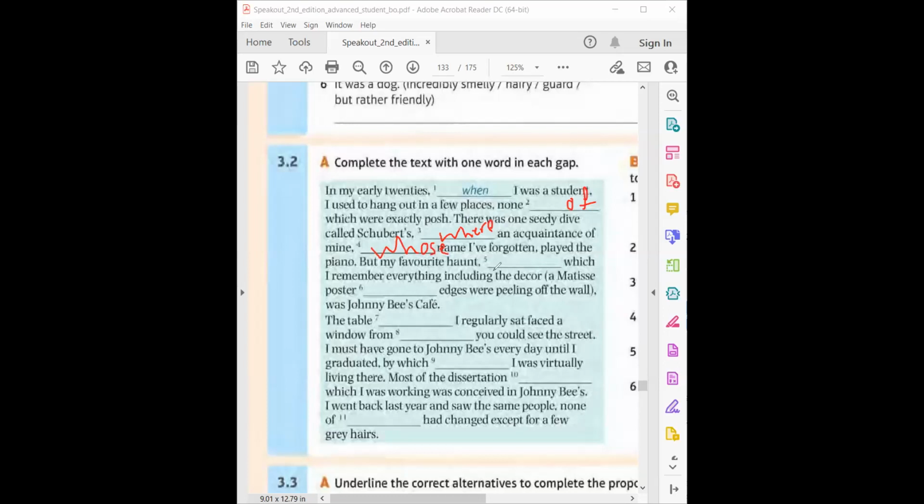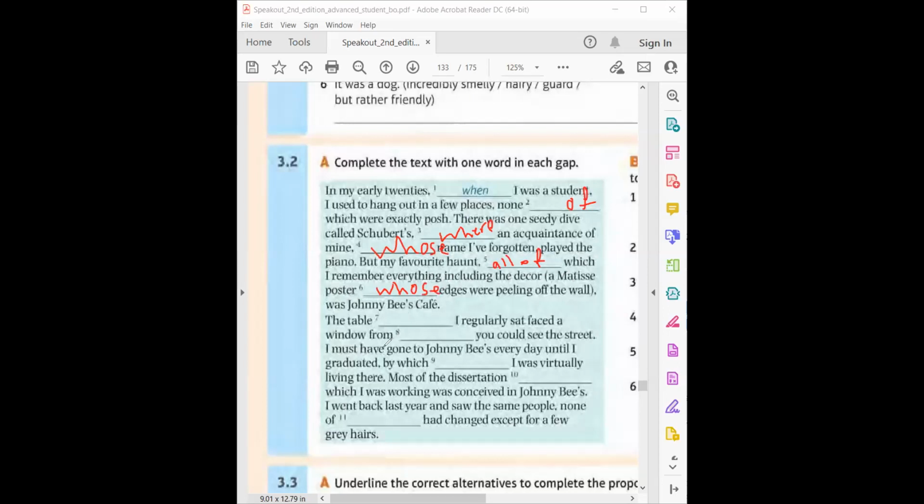And number 6, which I remember, where. And then all of which, everything I remember, including the doctor poster. What was it then? And where? I'm not sure. Whose? Oh, okay. Whose edges were peeling off the wall. Now continue, Ikram.